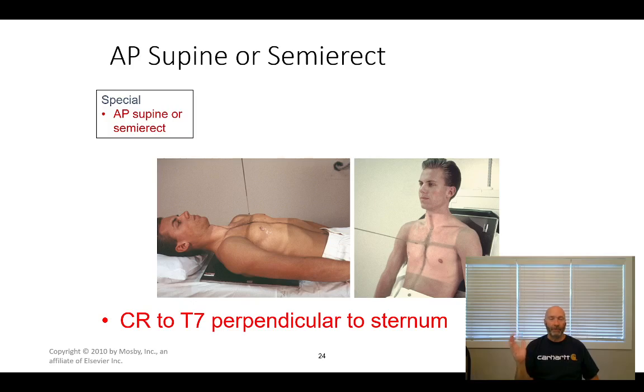So what you want to resist is to raise the patient's bed up as far as the patient can raise up, and then expect that you would put the image receptor behind the patient without hurting the patient. So bring the patient up a little bit, go ahead and then pull them forward, put the image receptor behind them, and then bring the head of the table up a little bit further.